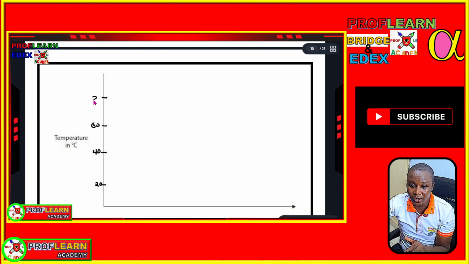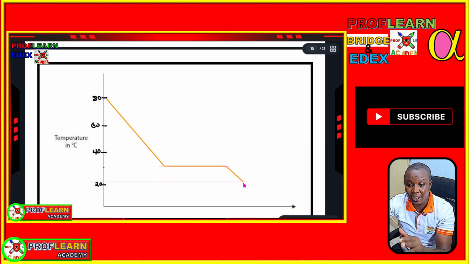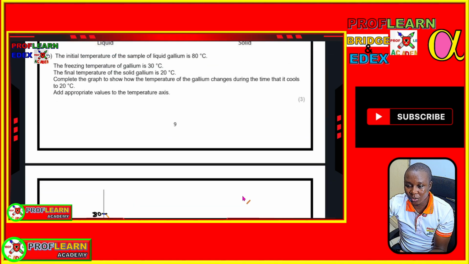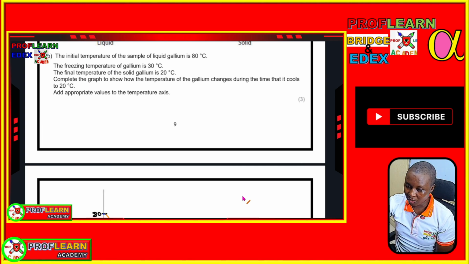So we identify that on the scale: we have 20, 40, 60, 80. From 80, we are going to have freezing at 30, so we shall have a straight line like that. Then this is going to be horizontal, where freezing is taking place. Once all the liquid has been frozen, the temperature will start decreasing to 20 degrees Celsius. So basically that's what you are supposed to do in order to answer this particular question.